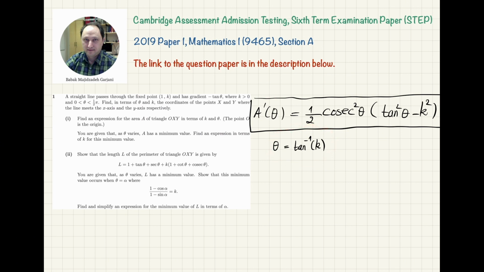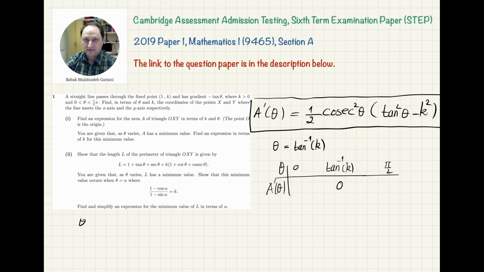Why? Okay, so here let me determine the sign of my derivative. So for example, consider this table. You have theta here, you have the derivative. This is your only candidate here, yes. And then you have pi over 2, and this is 0. You know that the derivative here is 0, okay?